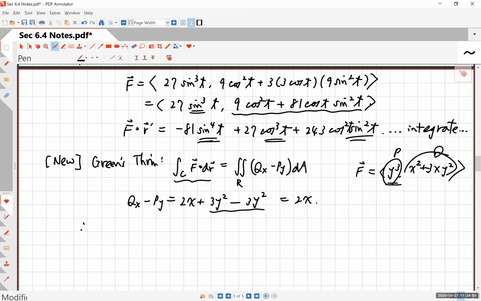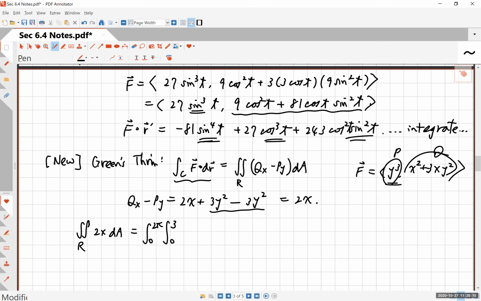So all I really need is the double integral over the region R of 2x dA. Now I can try to define that circular region in terms of x and y, but it's probably easier if you go from 0 to 2 pi and then 0 to 3 because the radius was 3.